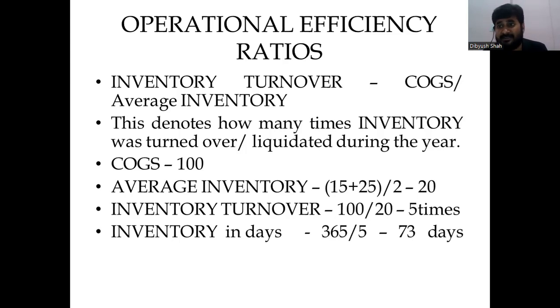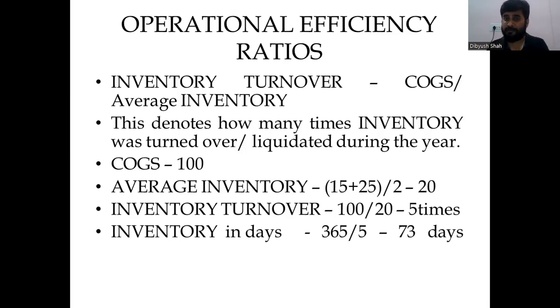And in days, it means 365 by 5, that is 73 days. If I'm able to liquidate my entire inventory 5 times during the year, that means on an average, it takes me 73 days to liquidate my entire inventory. Now, just think of it. Had I taken just the closing balance, what would have happened?